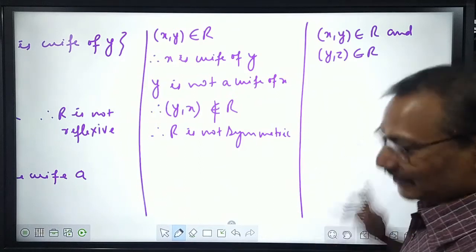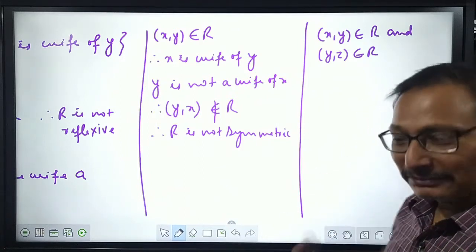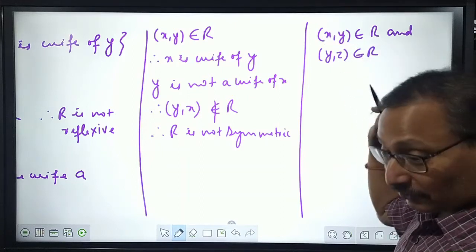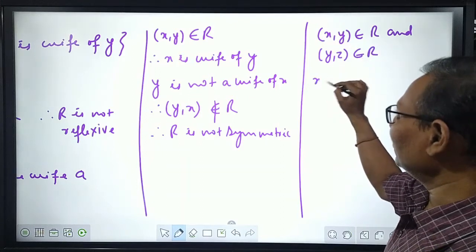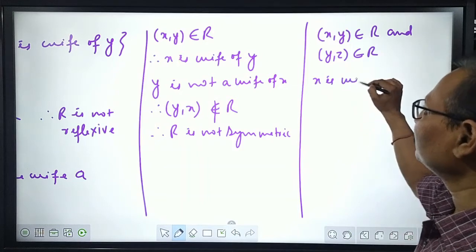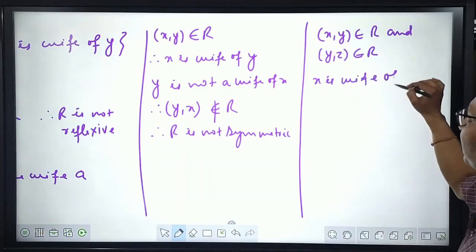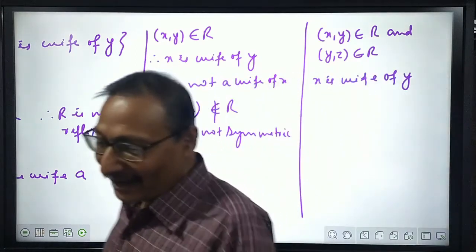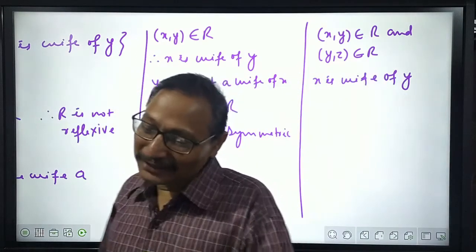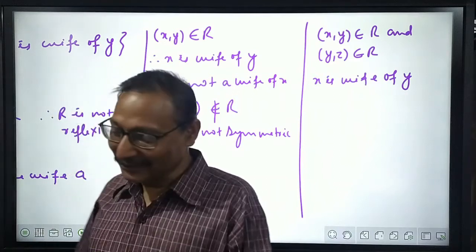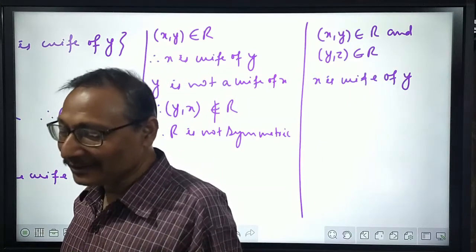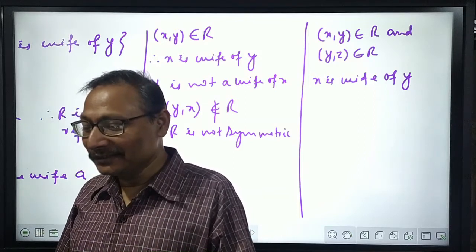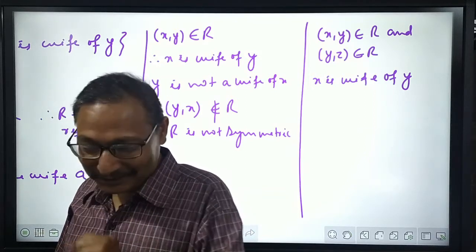We cannot write such two pairs from the relation, because whenever we write x comma y belongs to R, it means that x is wife of y. And how can we write that y is wife of z? We cannot write. So we cannot have the second required pair in the process of checking transitivity.